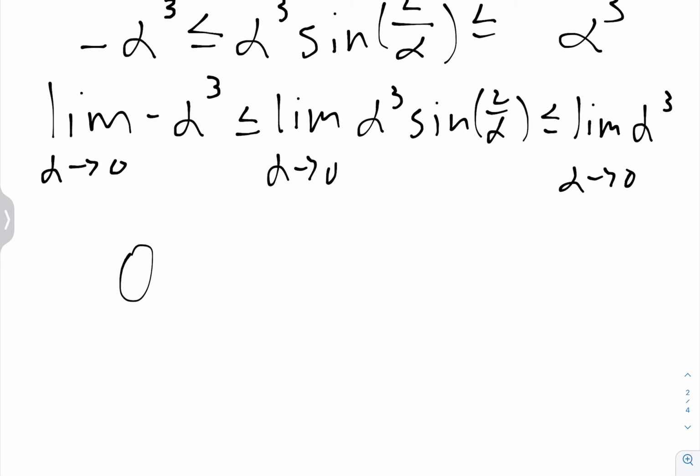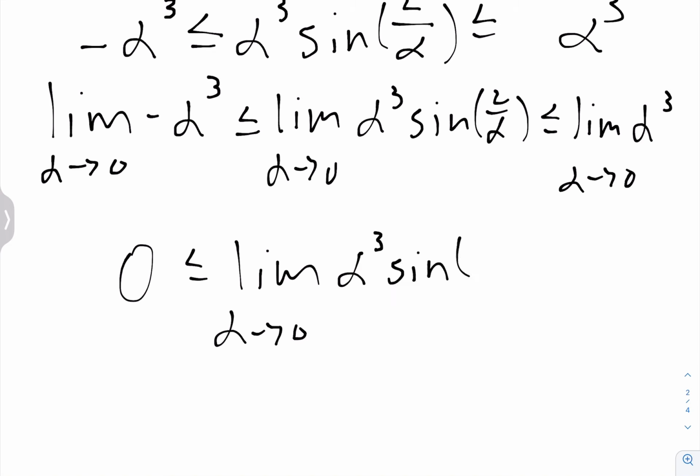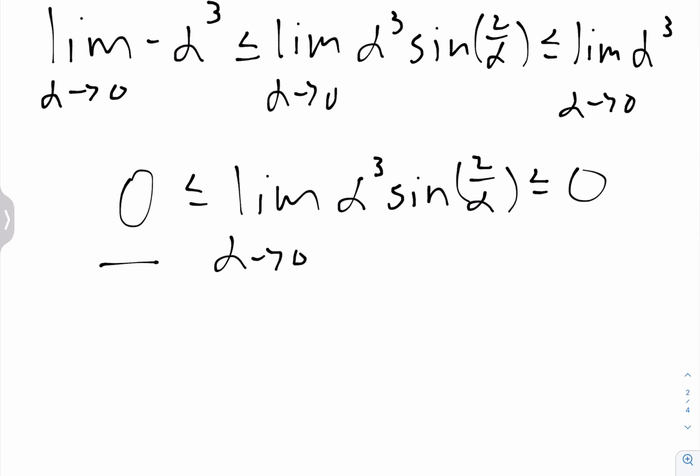So we know that 0 is going to be less than or equal to the limit as alpha approaches 0 of alpha cubed sine 2 over alpha, which is less than or equal to 0, because these are both 0. The limits are 0 if we substitute it in. Well, if this is 0, and this is 0, and this is between or equal to the two boundaries, kind of sandwiching it together, squeezing it together, the only thing that we can deduce is that this inside function is also 0.